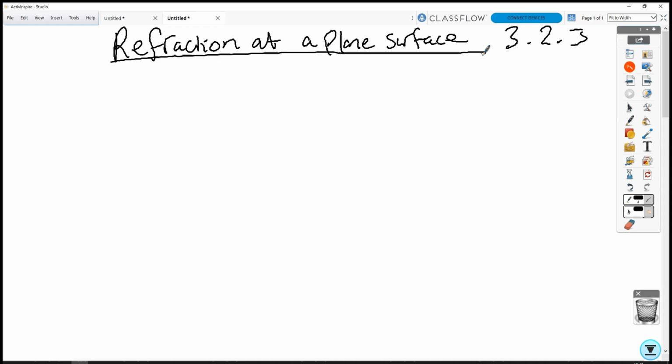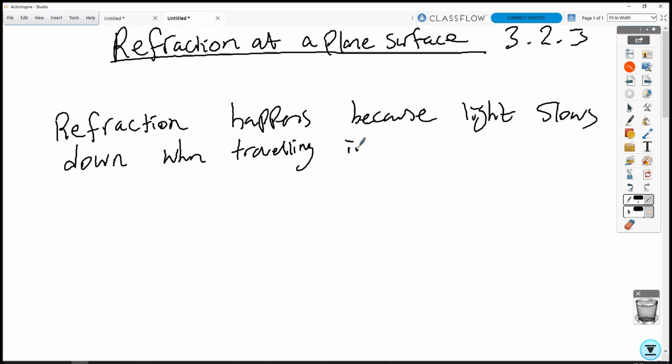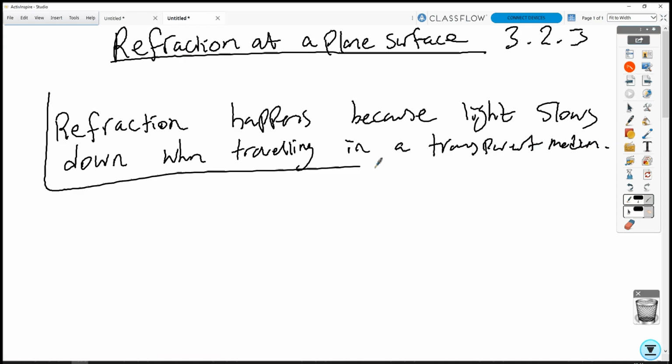So the first question that we answer is why refraction happens, and that is because light slows down when it's traveling through a transparent medium. Put a box around that.